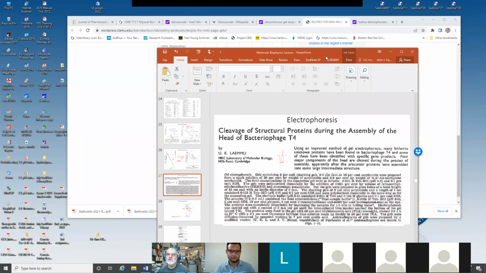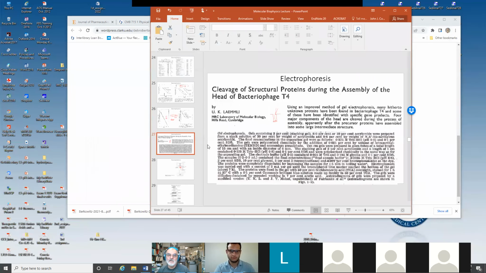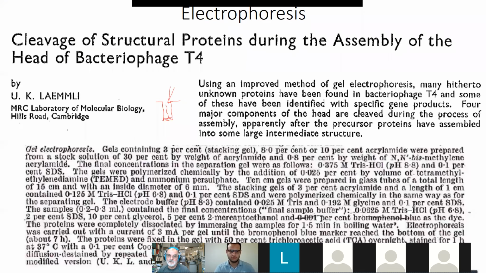But the utility of it was really enhanced by the gel system and the discontinuous gel system. All right, and if you had just run a continuous gel like in the Weber and Osborne paper, you wouldn't have had the resolution that was achieved with this. There are lots of discontinuous gel systems out there.